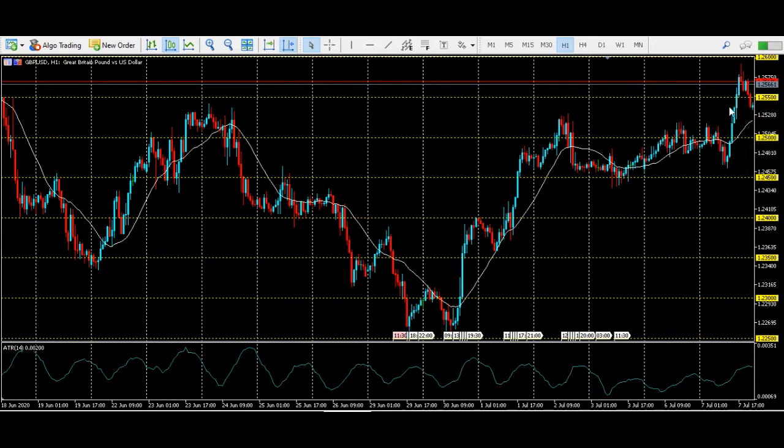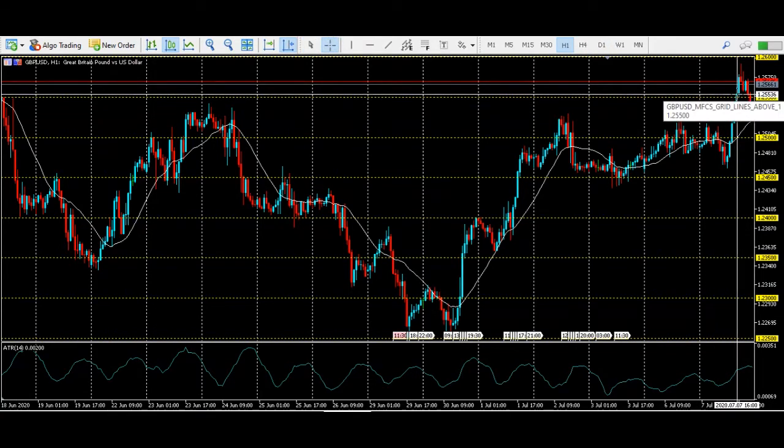Because the entry conditions have been met. The candle crossed and closed above the yellow line or the yellow level, right? Then from that point we're going to aim for 25 pips. So let's see if we got the 25 pips.